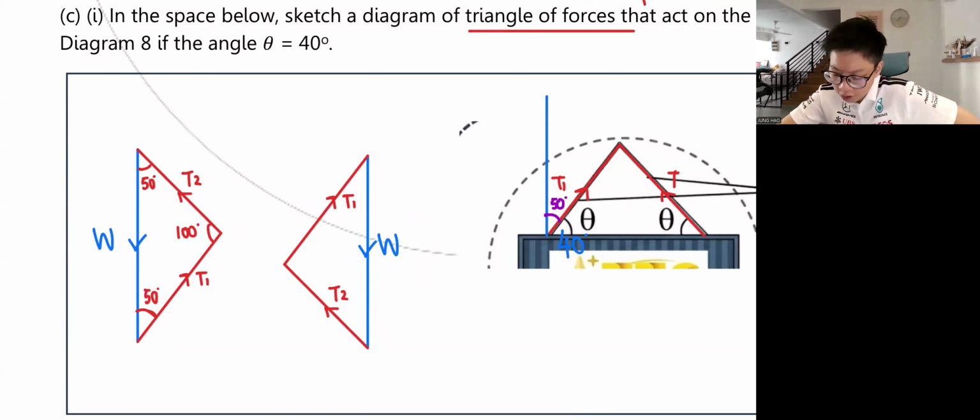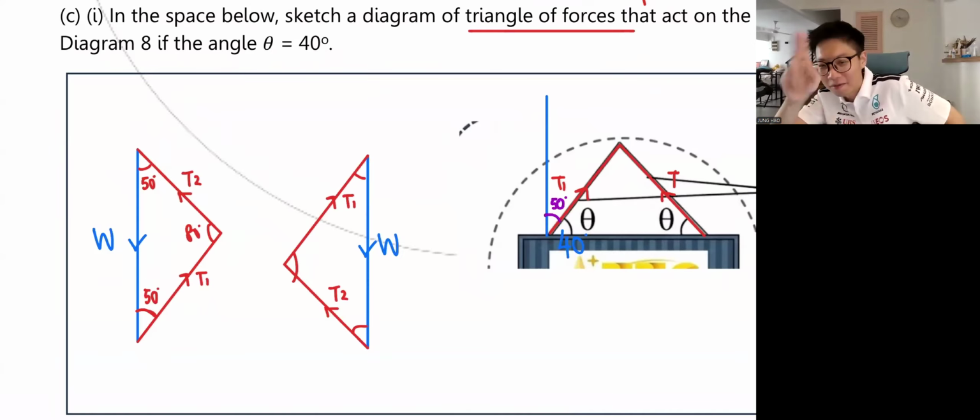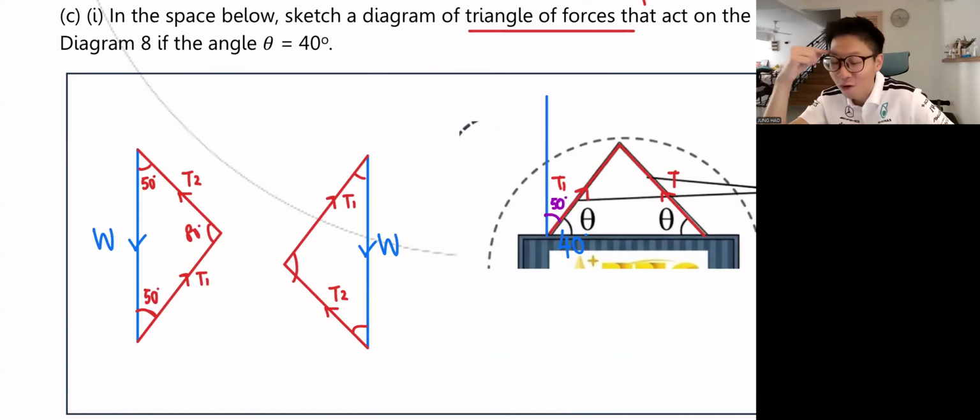Of course, the angles you also have to label. Sorry, 80 degrees. Sorry, 80 degrees. Aiyo, my trigo is very bad. Because 50 plus 50 is 100, I forgot to do 180 minus. My brain is slow.